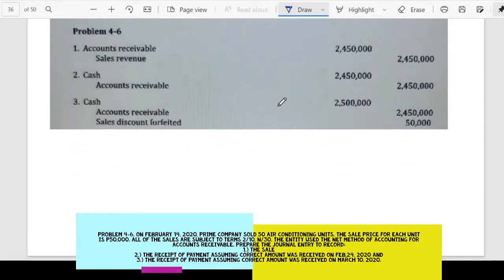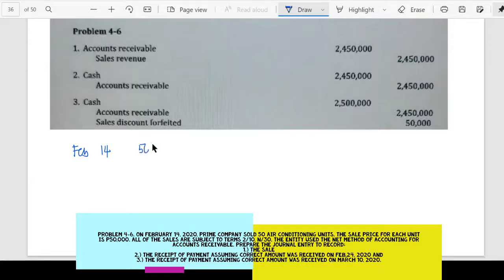4-6, prepare the entry to record the sale. So, sold on February 14. Okay, February 14. So, sold 50 air conditioning units. The sales price is 50,000. Okay, so 50,000 is not the total items ha. It's per air condition.